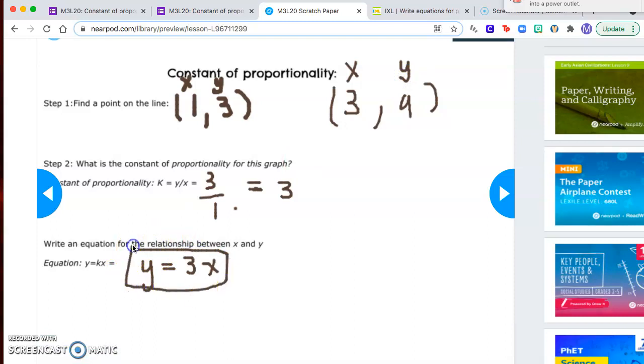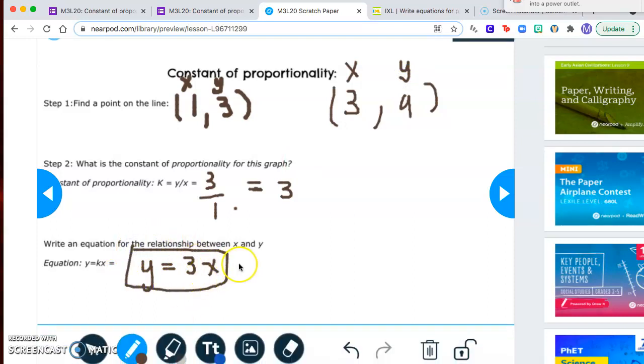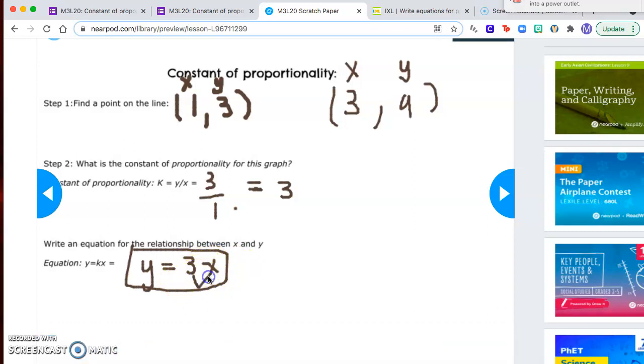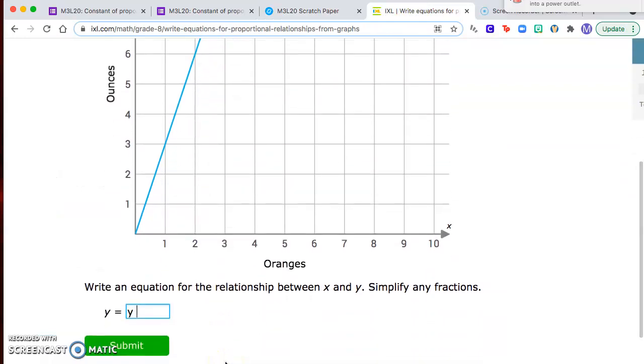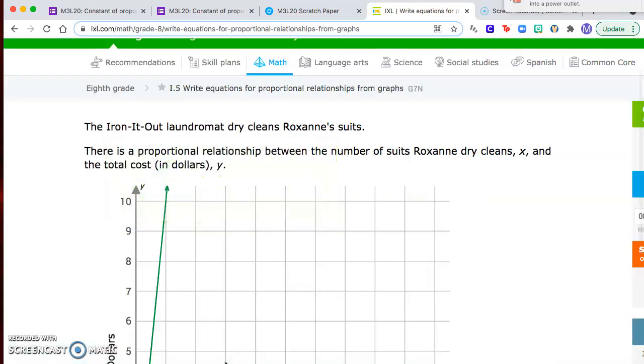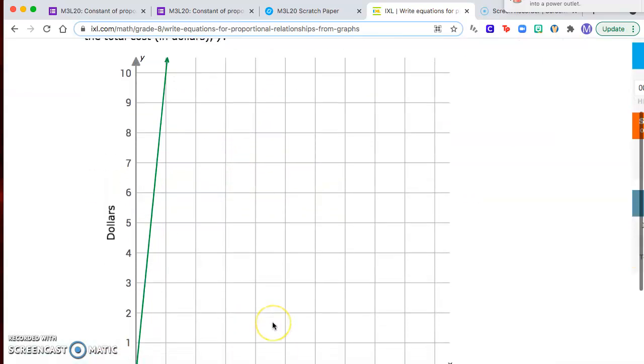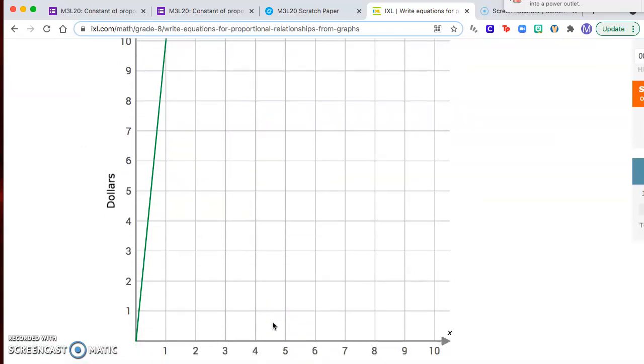Every single x value is being multiplied by 3 to give me my y value, so we put y equals 3x. It's going to give you kind of the same thing over and over again.